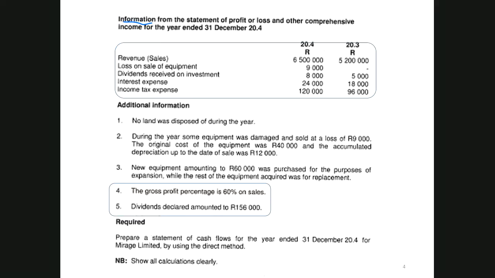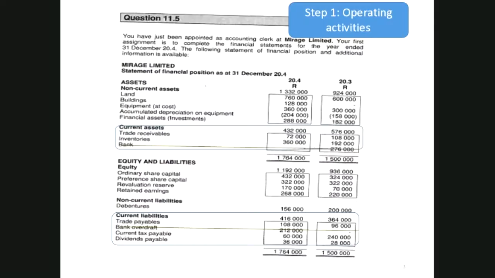And then there's additional information which usually tells you about equipment that's been bought or sold, for example. Okay, so that's the information that we have, and it's good before you start to have a look at what information you've been given.